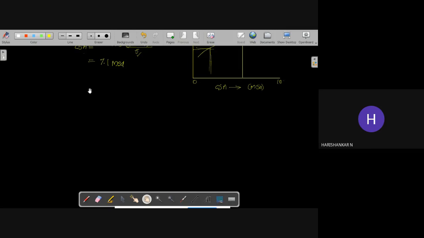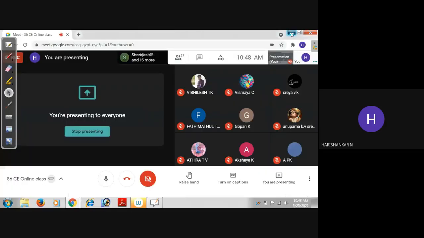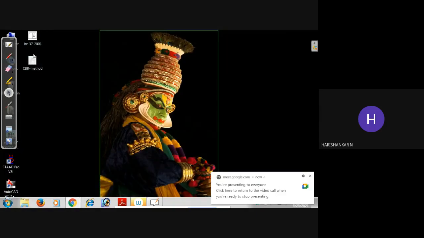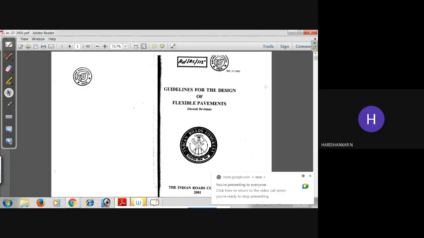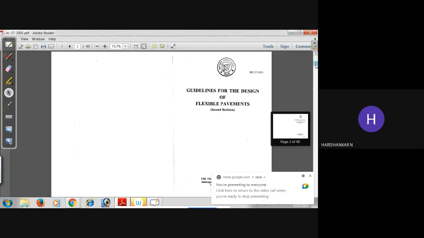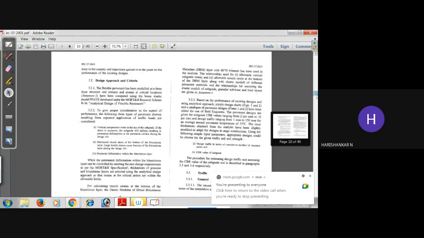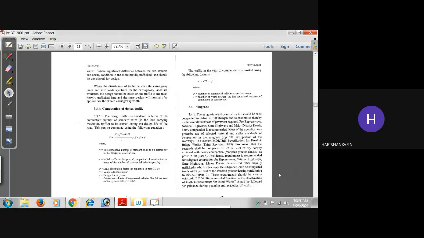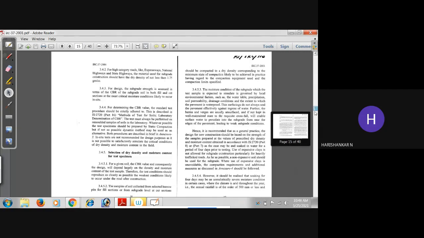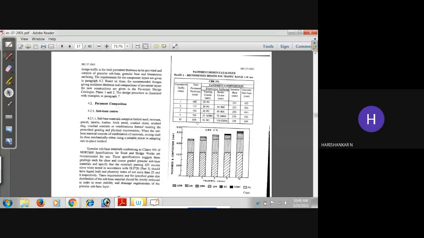After that, what will you do? You have to go to the tables. The table will be given in the university exam. From this table, you are having a CBR value.